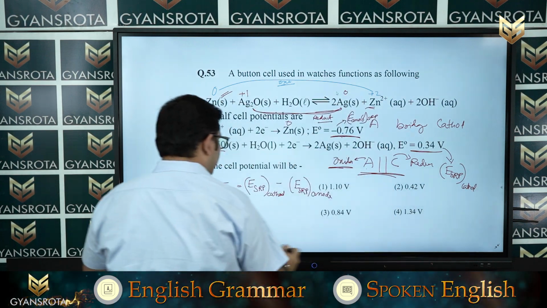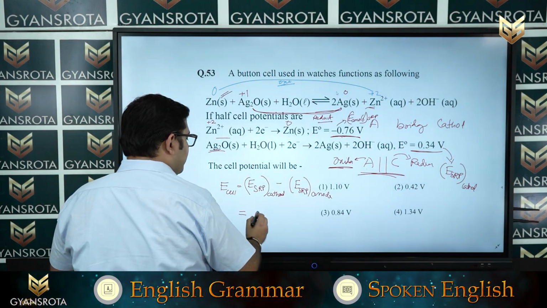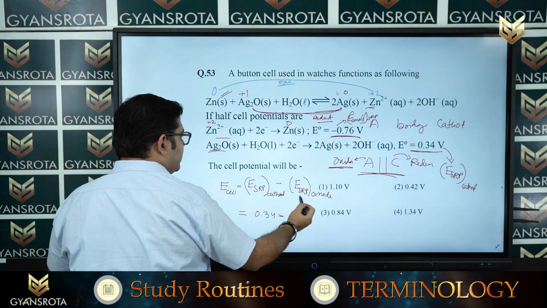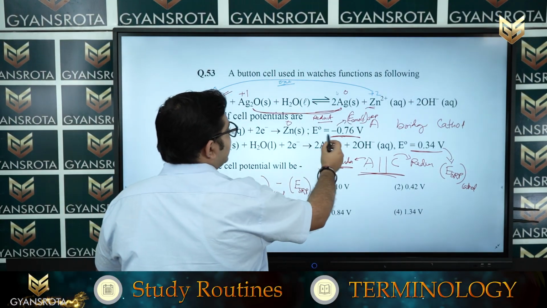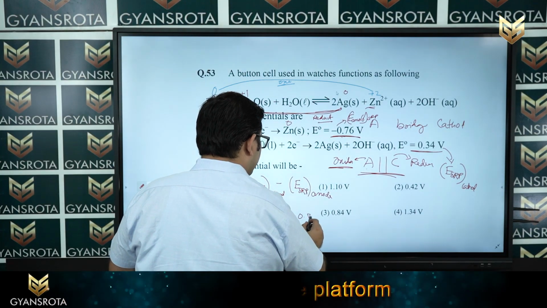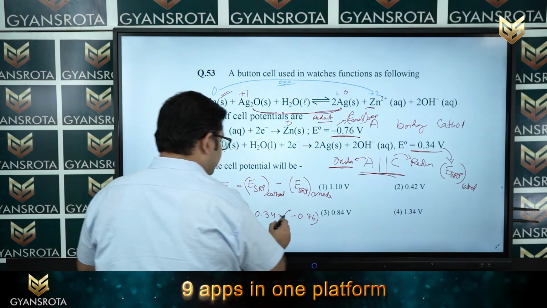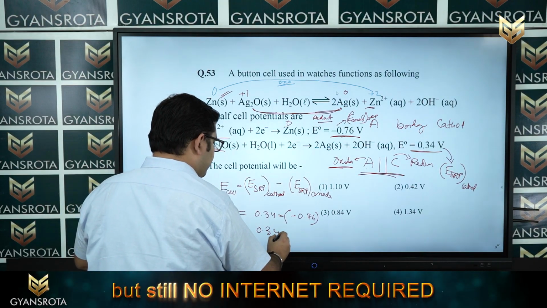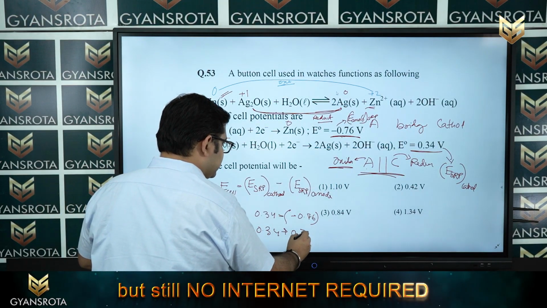Now, what you are getting is 0.34 minus, and the value of the anode standard reduction potential is given as minus 0.76. Now, this should be minus minus, so it becomes plus. So, 0.34 plus 0.76.